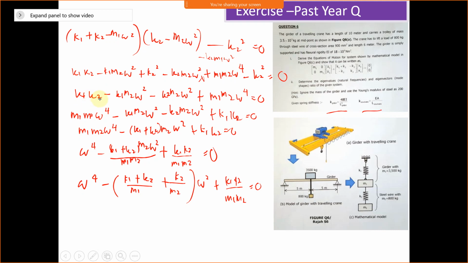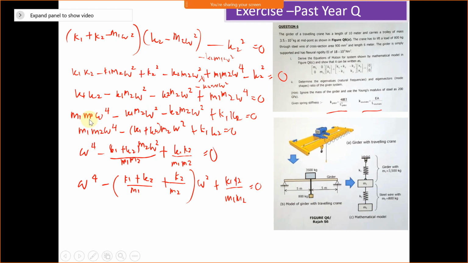K1 K2 minus K1 M2 omega square minus K2 M2 omega square minus sekali lagi, minus K2 M1 omega square plus M1 M2 omega to the power 4. Okay.